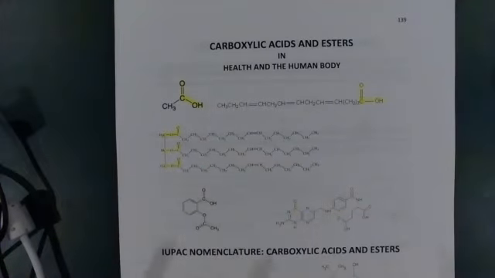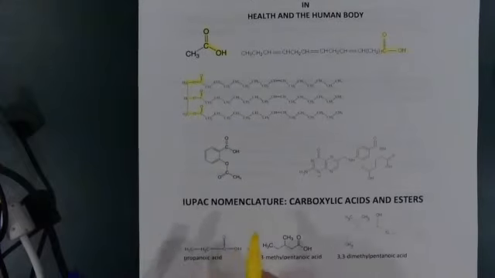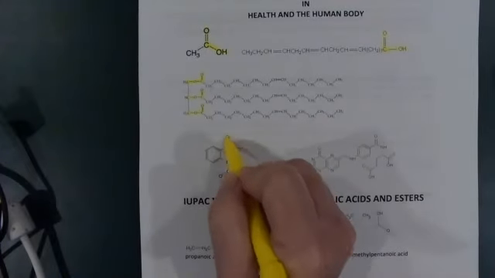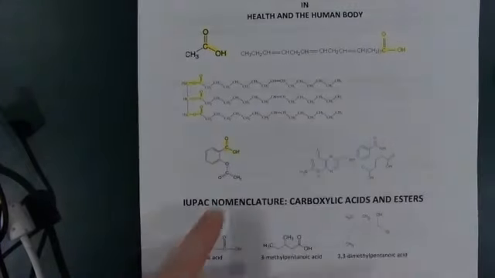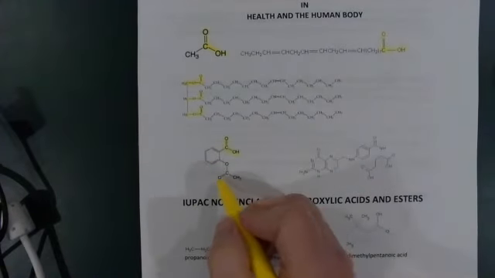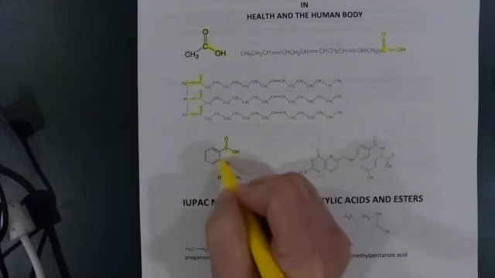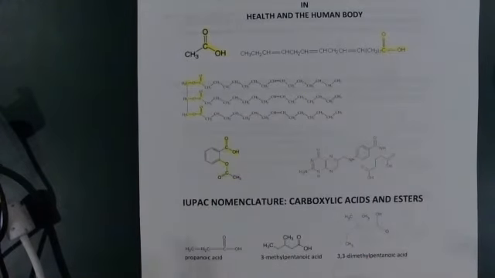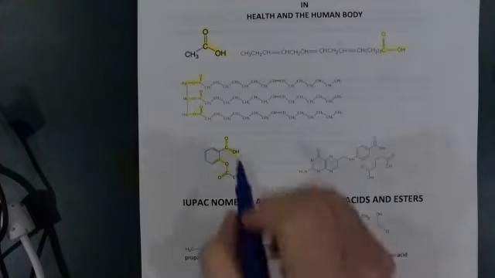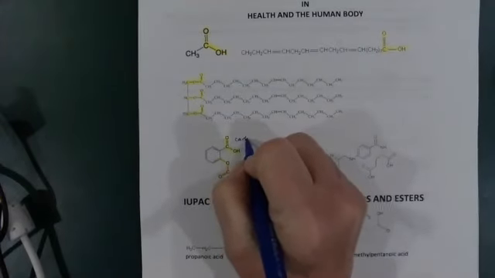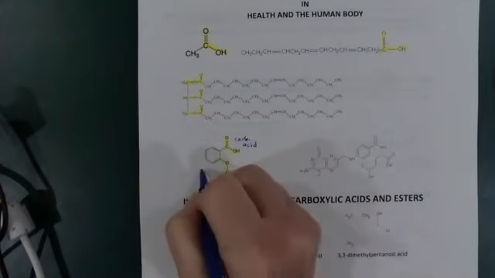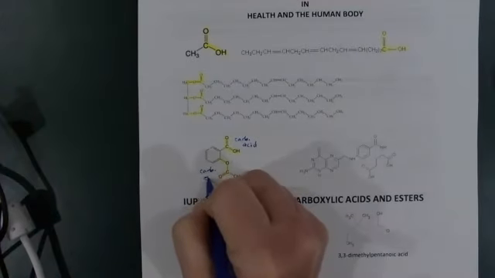So we're going to be looking at both carboxylic acids and esters. This structure here, I see a carboxylic acid. This has 3 bonds to O, but it's not OH, it's O carbon. So this molecule has a carboxylic acid and it has a carboxylic ester.